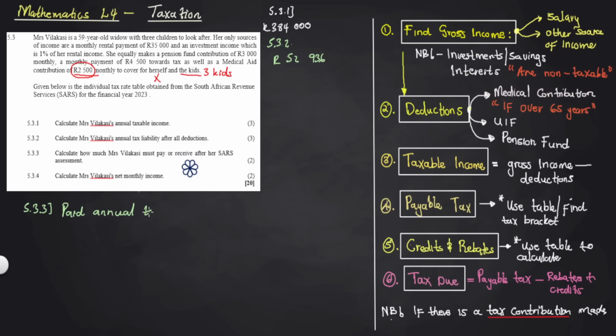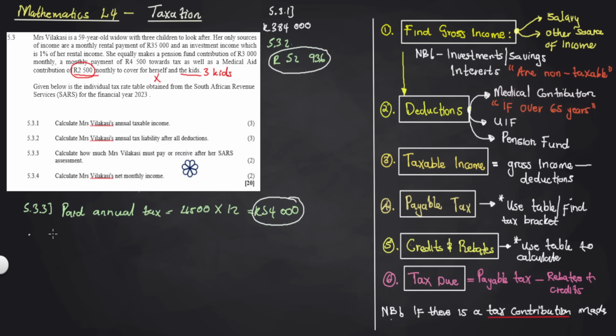Paid annual tax is equal to 4,500 multiplied by 12, which gives 54,000. So this is how much tax she paid during the course of the year. This is how much SARS wants or requires.